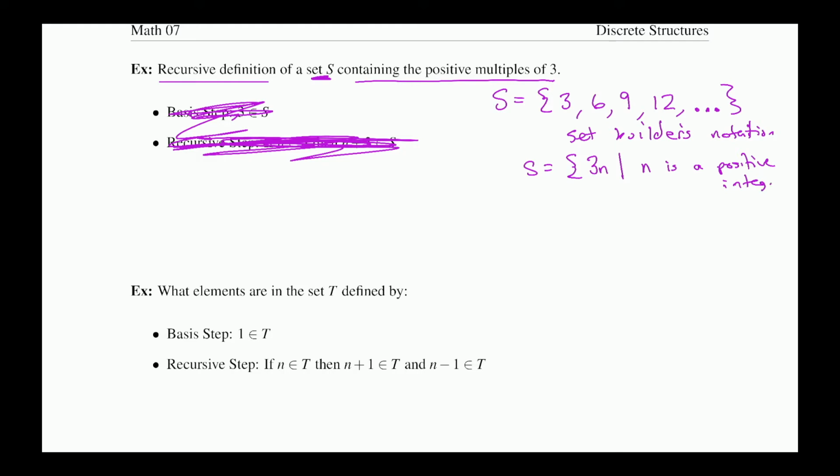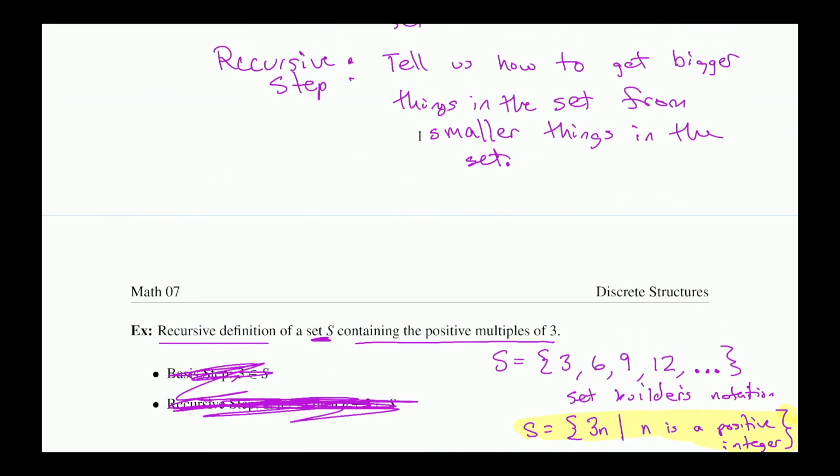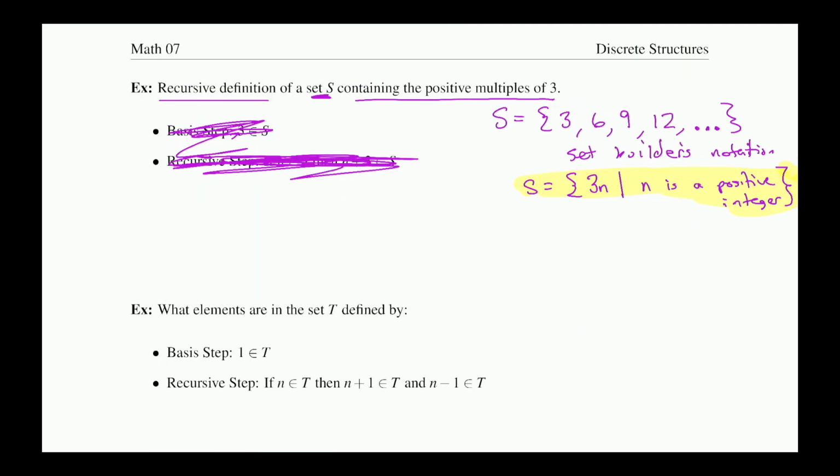Right? Wouldn't that give me all of the positive multiples of 3? It would, right? So this right here is a definition of the set, but it's not a recursive definition, because a recursive definition requires you to tell us how to make the bigger things in the set from the smaller things in the set.